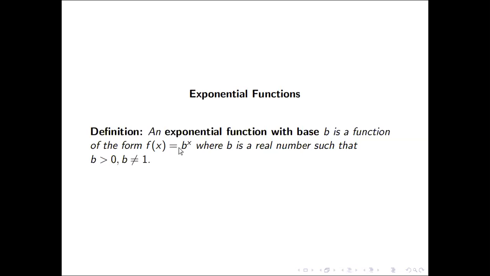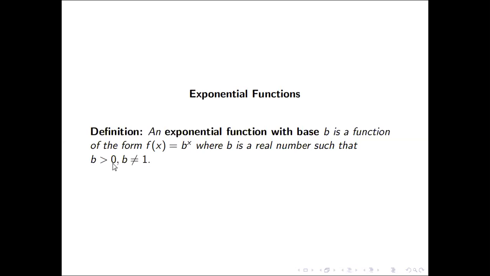For example, if we have a 1/2 for an exponent, which is just the square root, we know that the square root is not defined when the number inside is negative. So to avoid that, we restrict b, the base, to values greater than 0.